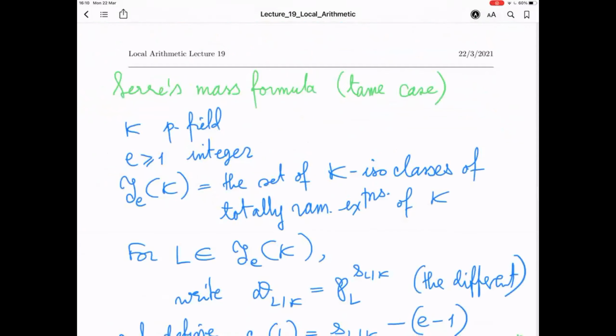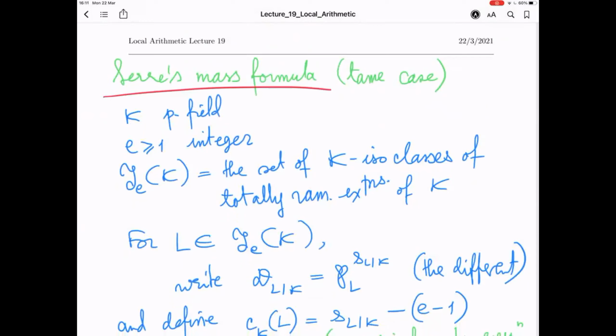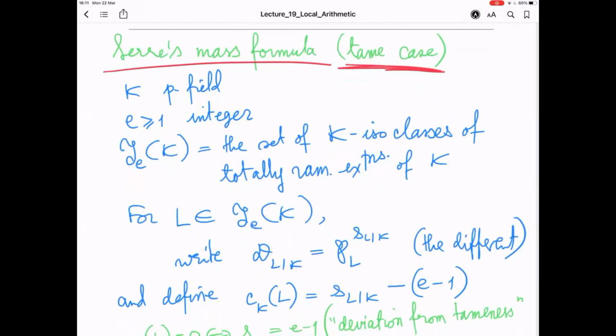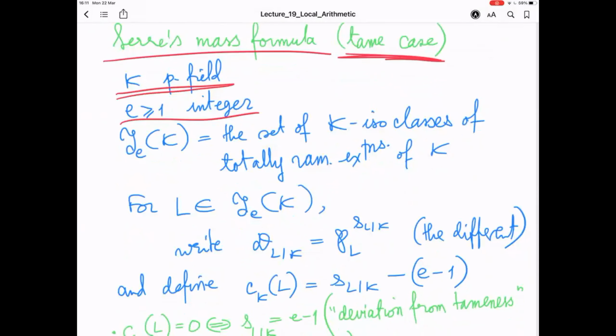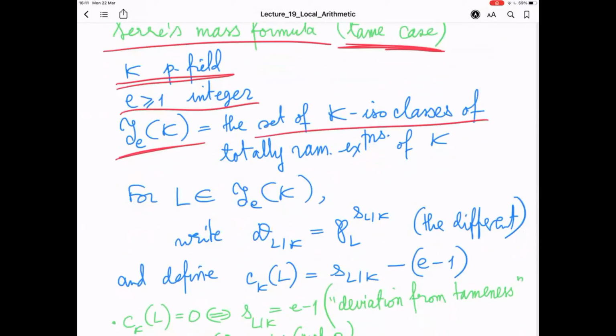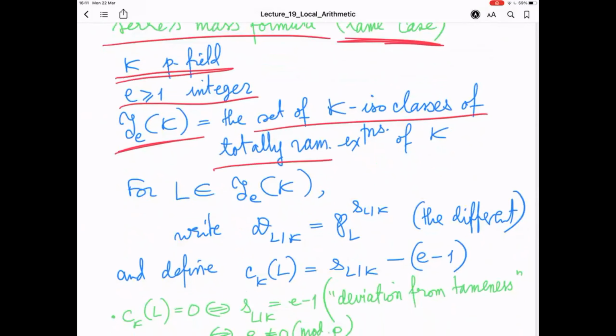Now maybe this is a good time to mention this mass formula of Serre, only in the tame case. The statement is the following: you take a p-adic field K, take a positive integer e, and take T_e(K) to be the set of all K-isomorphism classes of totally ramified extensions of K of degree e, of course.